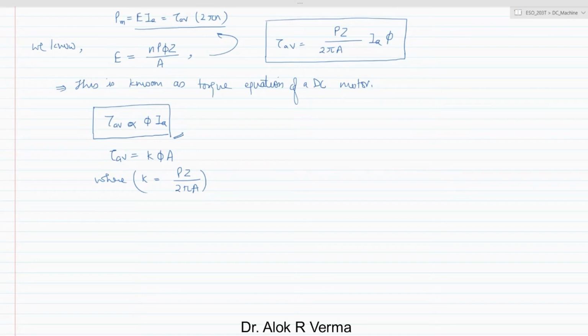When we try to find the characteristic of a motor, we'll be using this proportionality of torque.